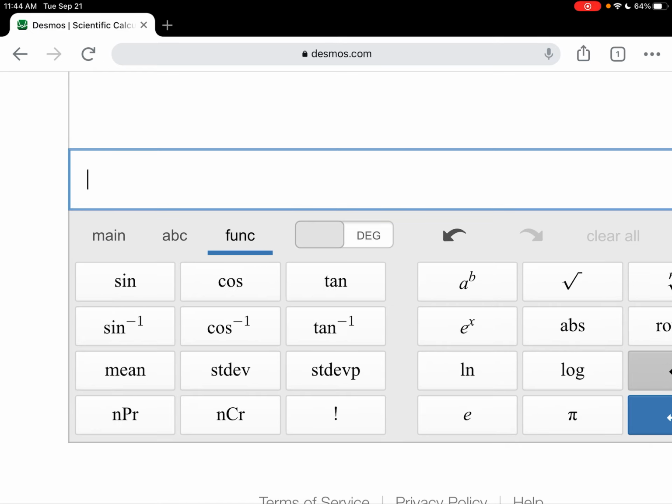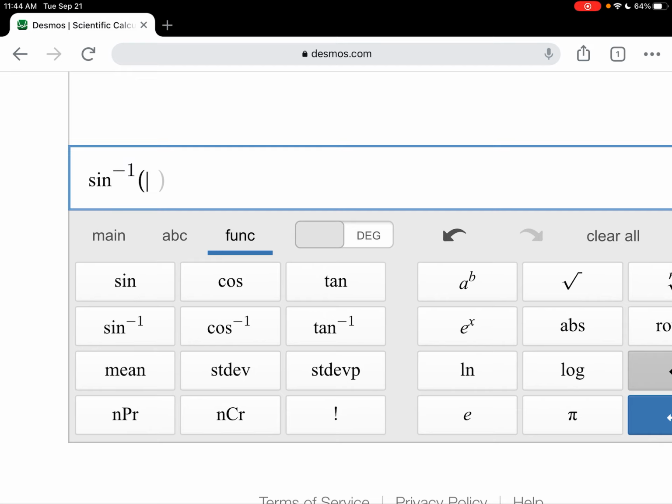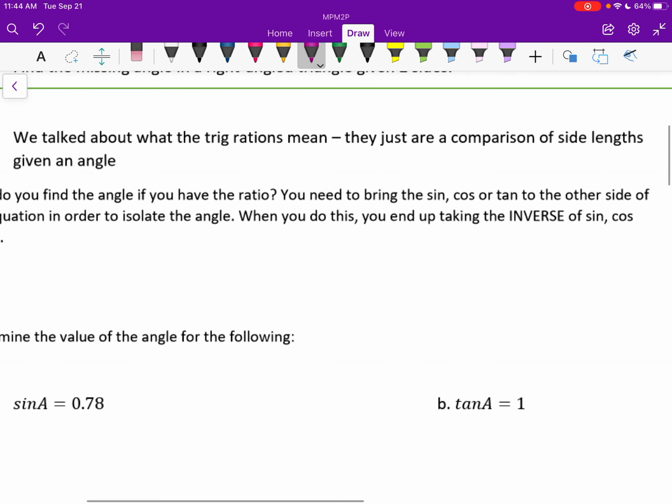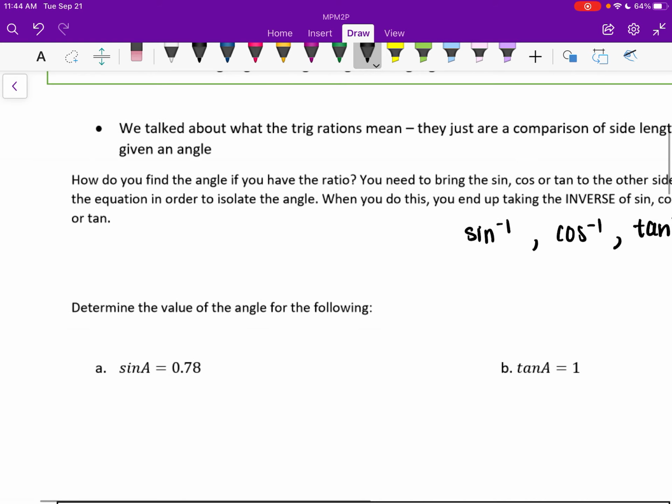But if we want to find the angle, you're going to do sine and then whatever the number is, so sine to the -1. I'm just going to write that in here. It's going to look something like sine -1, cosine -1, or tangent -1. I know this might seem a little complicated, but once we start doing the questions, it'll make sense.